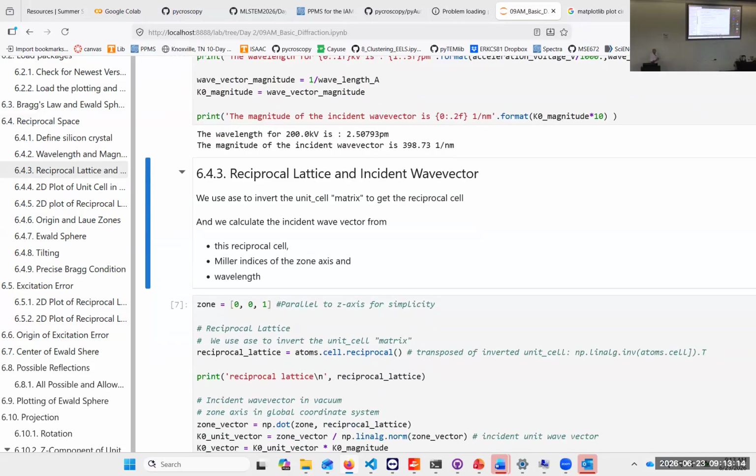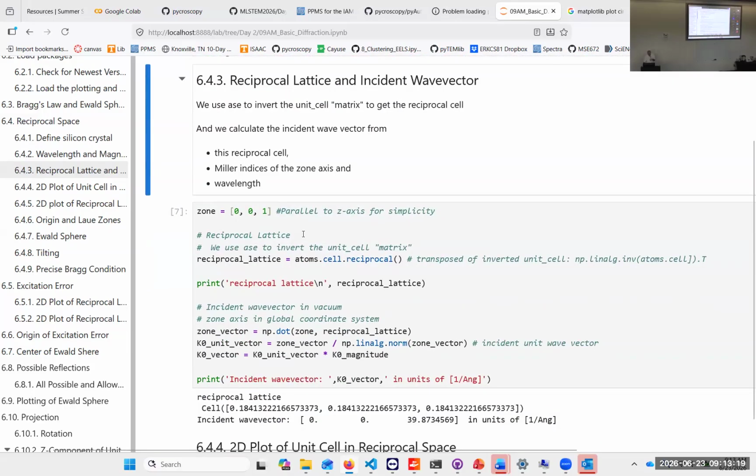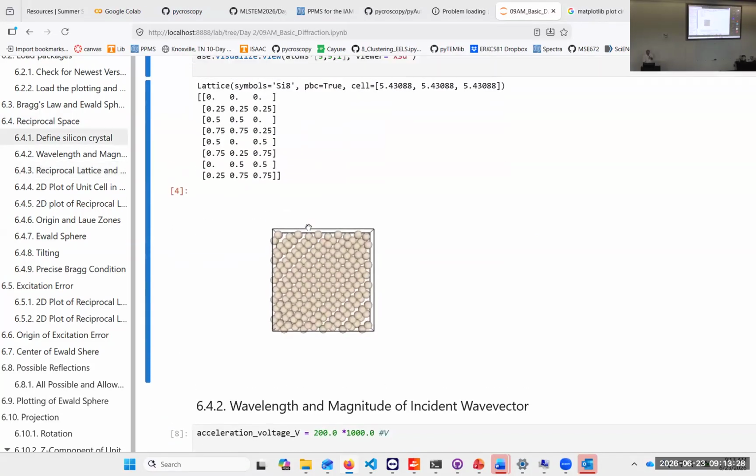So, the reciprocal lattice and the incident wave vector. We need a reciprocal cell. We have defined our crystal in real space. Our atom positions are defined by the lattice unit cell, and then the basis, where you place your atoms within this unit cell, right?